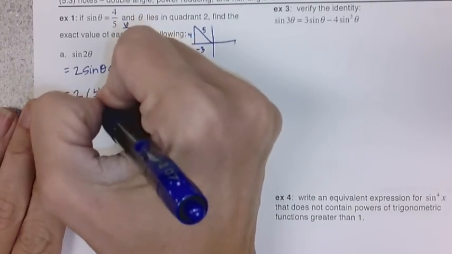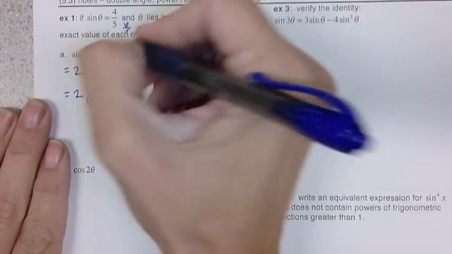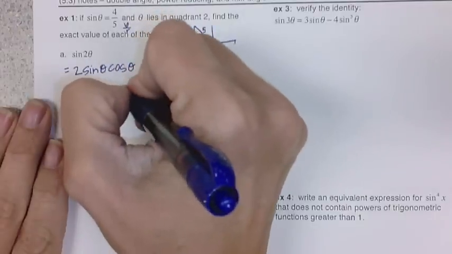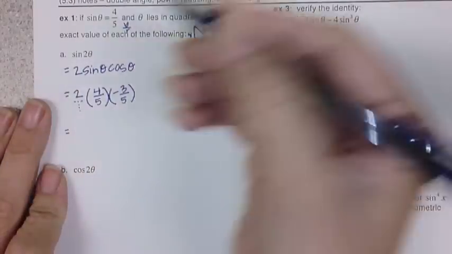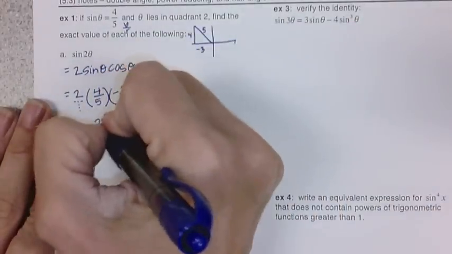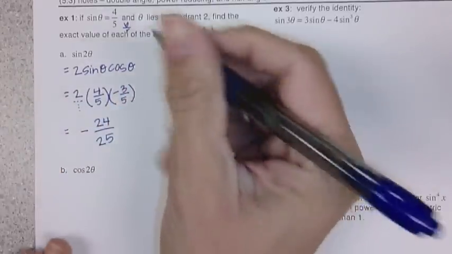We have it right here. It's 4/5, and cosine theta is -3/5 because cosine is x/r. And so now all we have left to do is to multiply this, and we get -24/25. And that's how you do the first one.